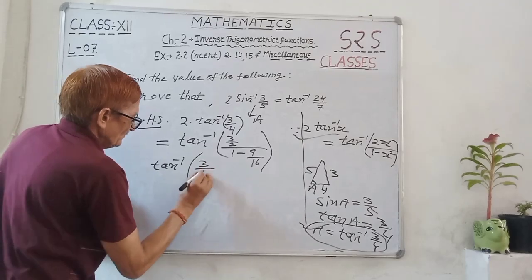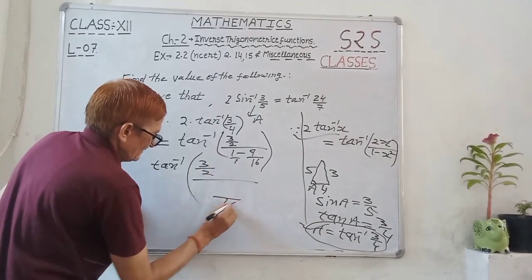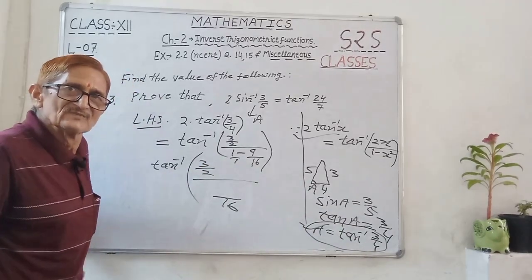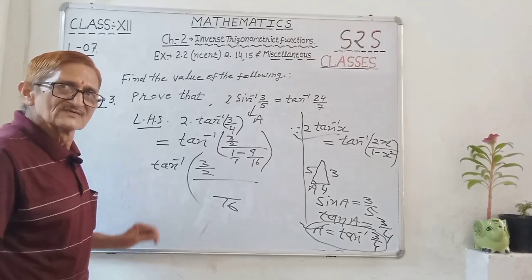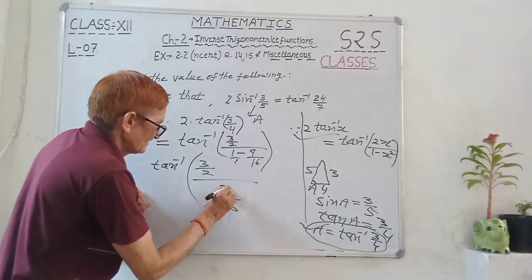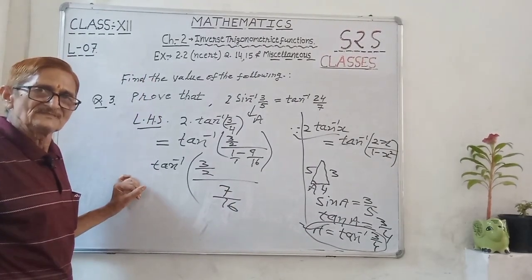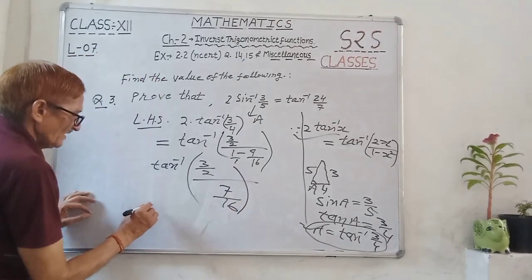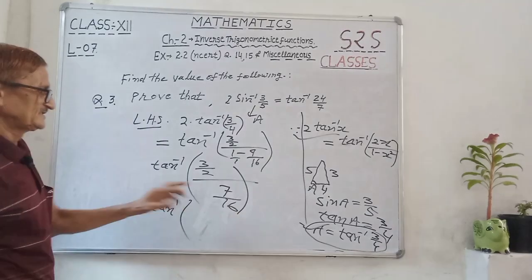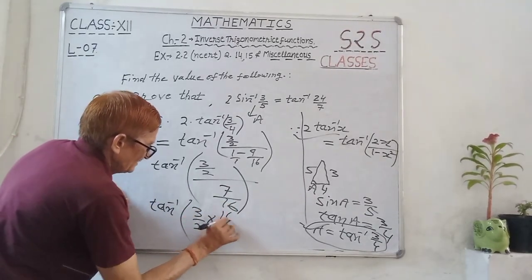Tan inverse of 3 upon 2 divided by, taking the LCM in the denominator, 16, 16 minus 9, which is 7 upon 16. Clear? Now take the reciprocal of the denominator: 3 upon 2 multiplied by 16 upon 7.